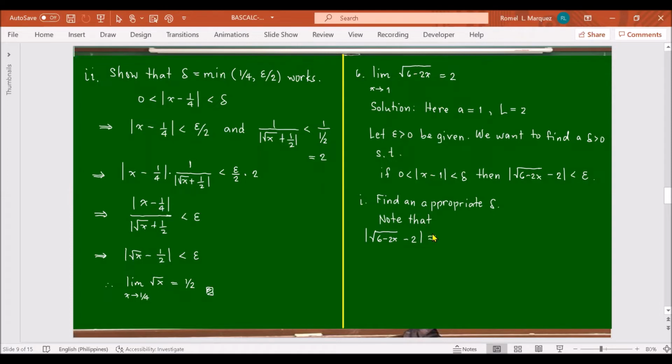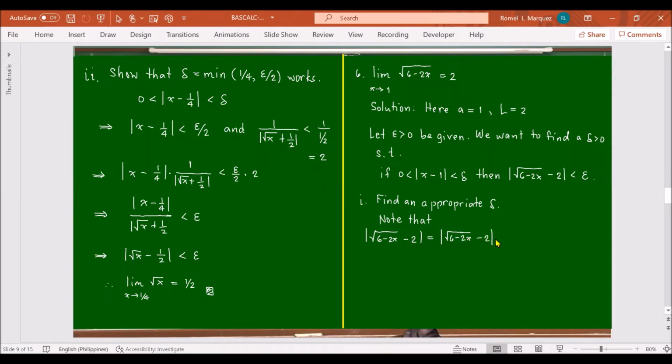This is equal to... So again, the technique to come up with absolute value of x minus 1 less than delta: we rationalize this by multiplying the conjugate of this expression inside.